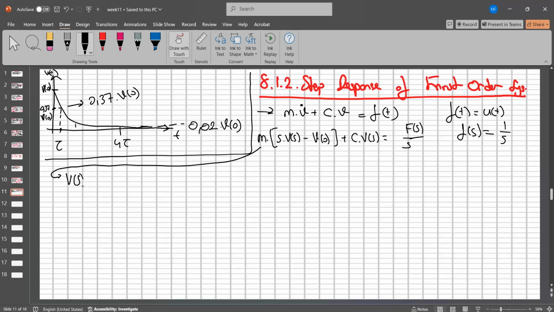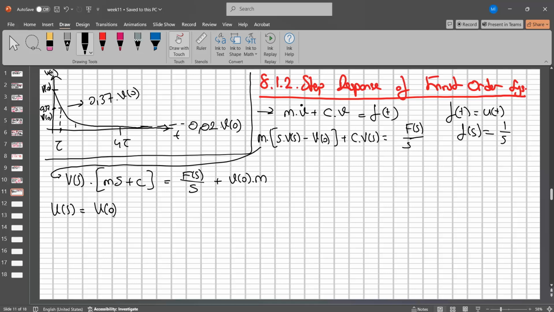V(s) multiplied by (Ms plus C) is equal to F(s) divided by s, but we have the V0 here, plus V0 M, right? This is the reorganization of the whole equation based on this information. And so what about this one? V(s) is equal to what right now?